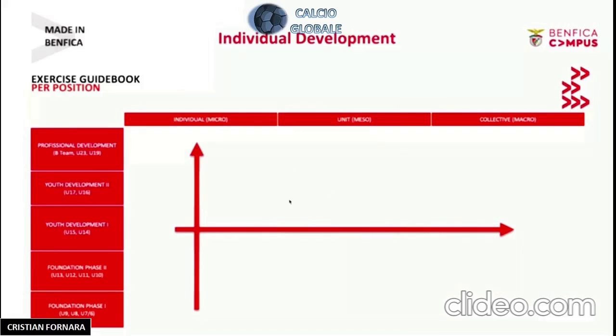From the B team until the U6, we have to adapt, of course, to the age group, but we use this kind of exercise through all the development of the players.